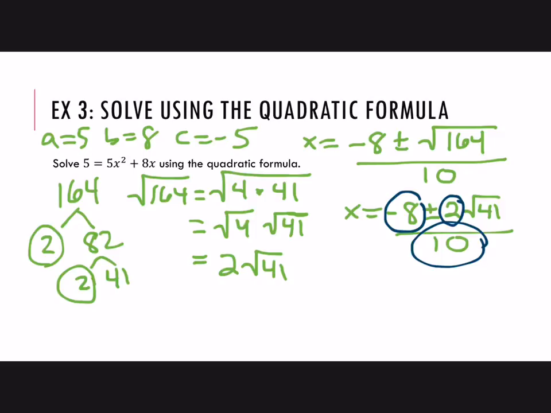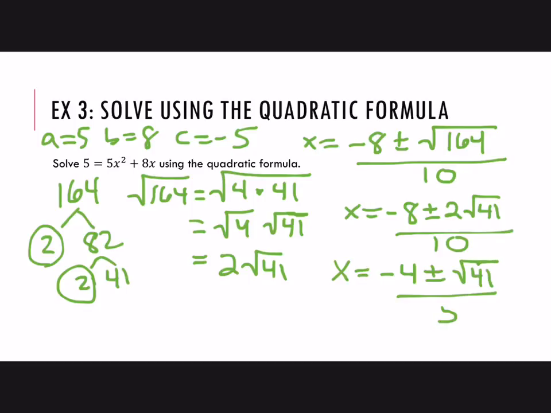If it can be divided into all 3 numbers, then you would keep going. So all of those can be divided by 2. So I would do that and get x equals negative 4 plus or minus 1 square root 41 divided by 5. Okay, and then that's fully simplified.